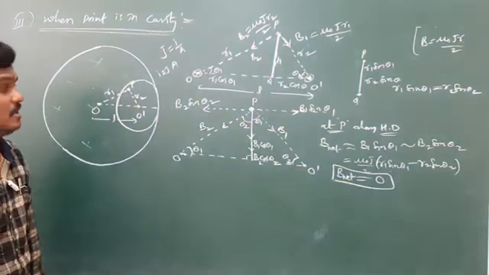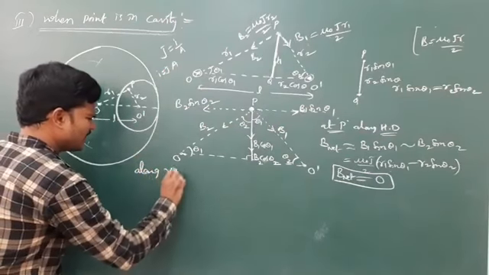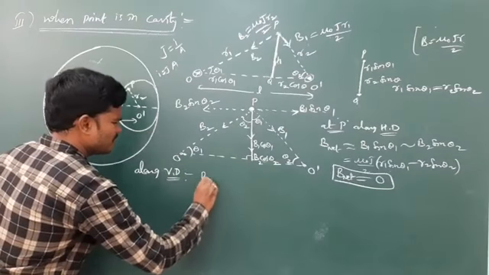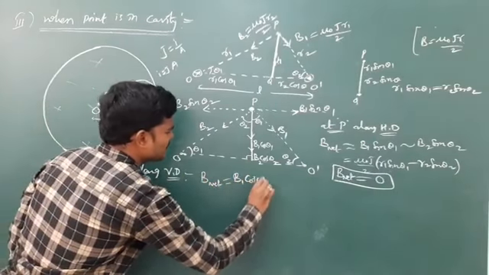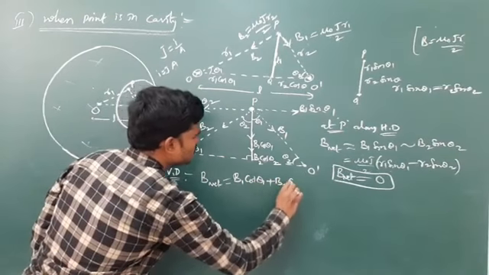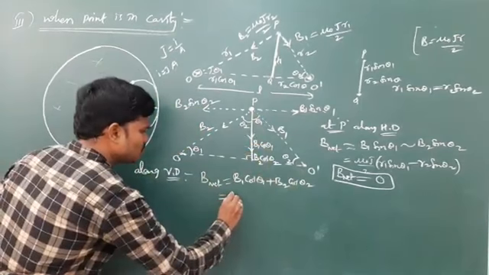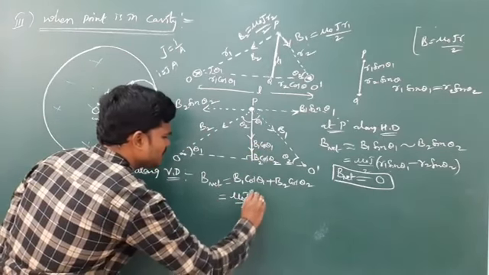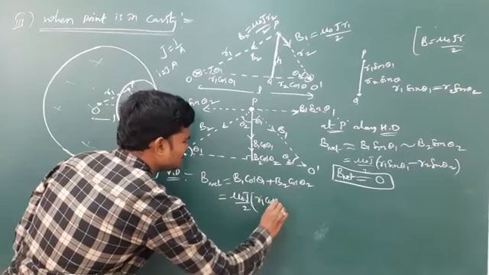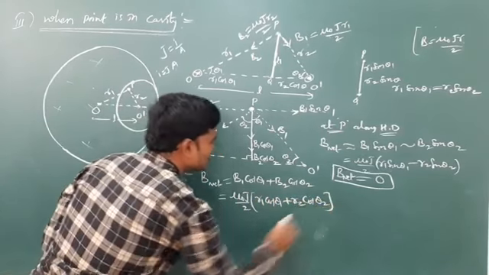Along the vertical direction, B net is given by B1 cos theta 1 plus B2 cos theta 2. What is B1? Mu naught J R1 by 2. So let me take mu naught J by 2 outside, leaving R1 cos theta 1 plus R2 cos theta 2.